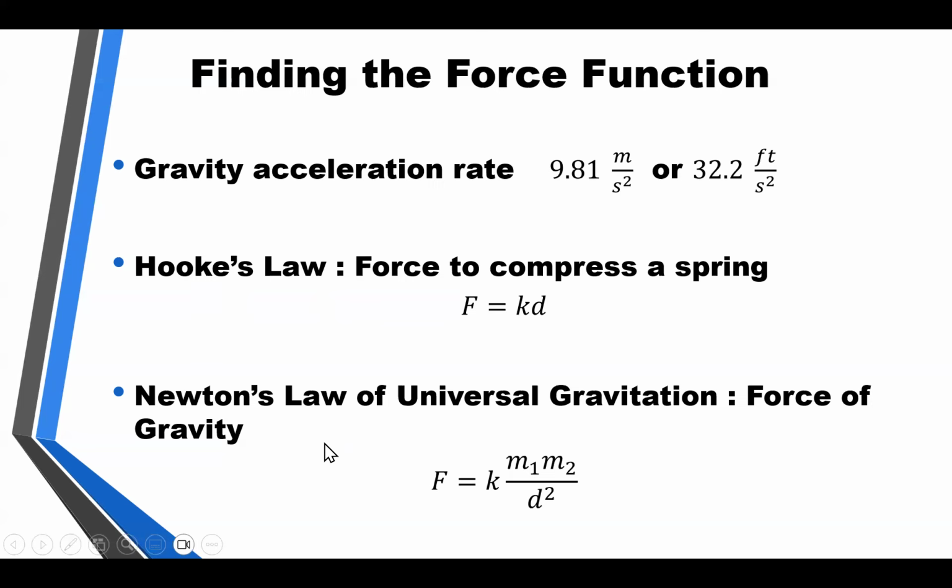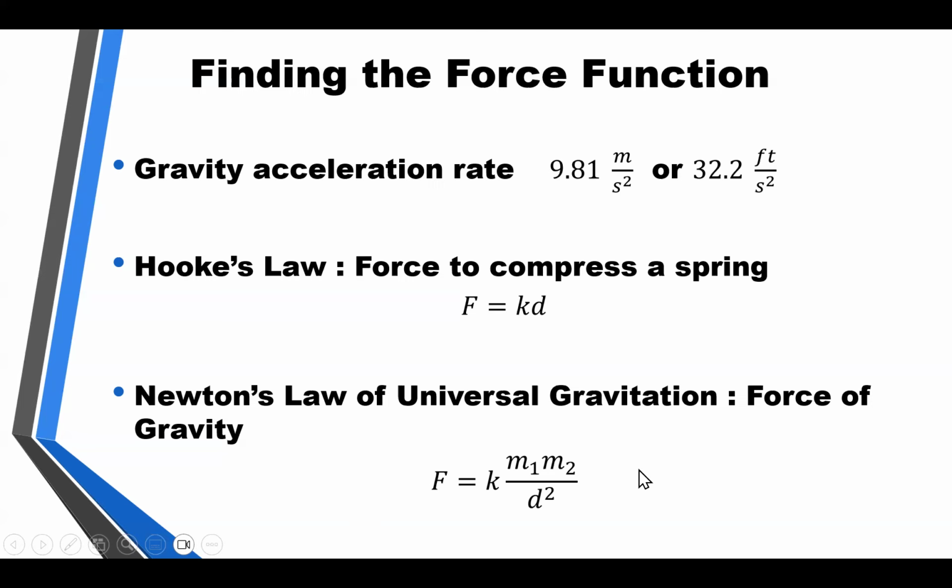Another formula with force is Newton's law of universal gravitation. It says the force of gravity is going to be some constant times m1 times m2, that's the mass of object 1 times the mass of object 2, divided by the distance squared. That distance squared is the distance between the two objects.